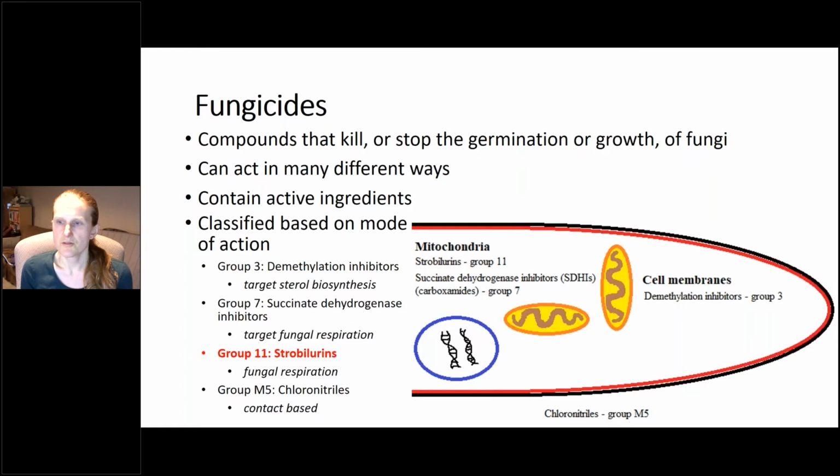And so these different groups act in different ways, where group 7s and group 11s target fungal respiration, and then group 3s target cell membranes by inhibiting the sterol biosynthesis that goes into cell membranes.